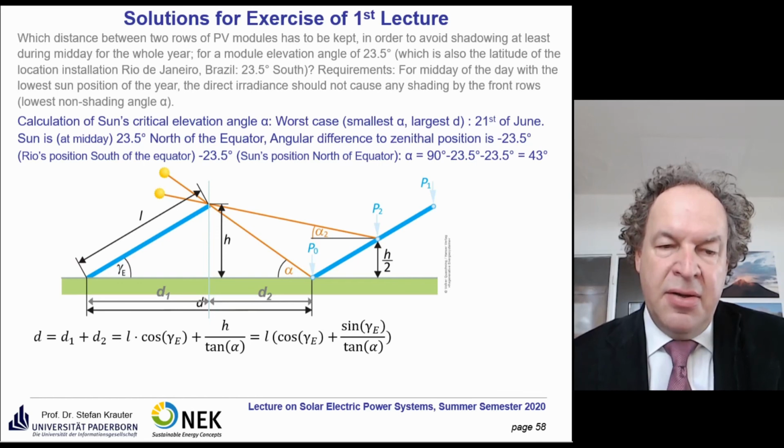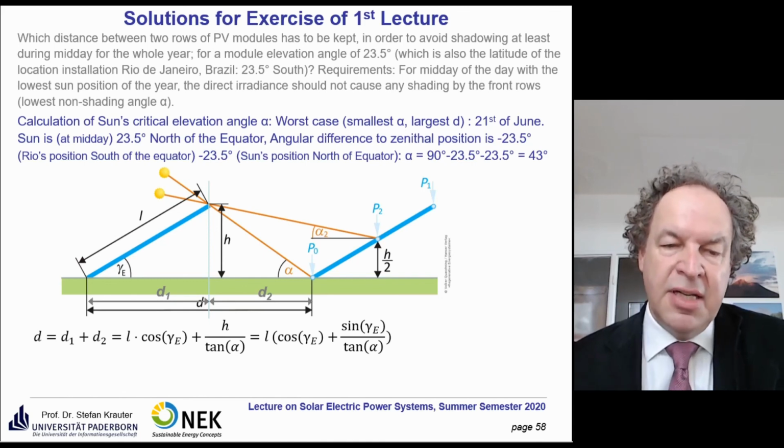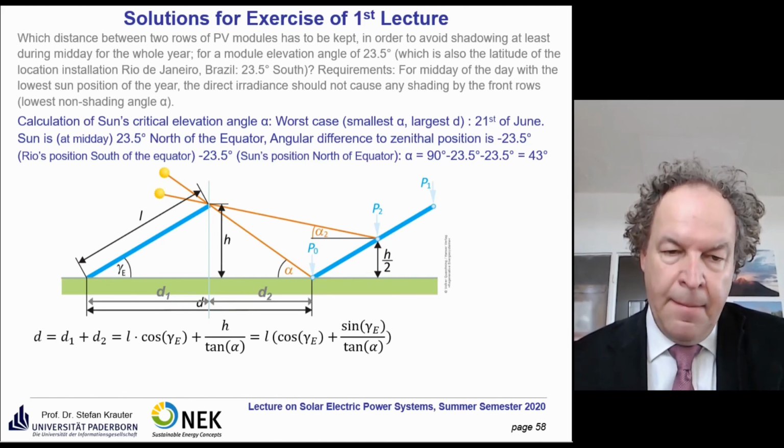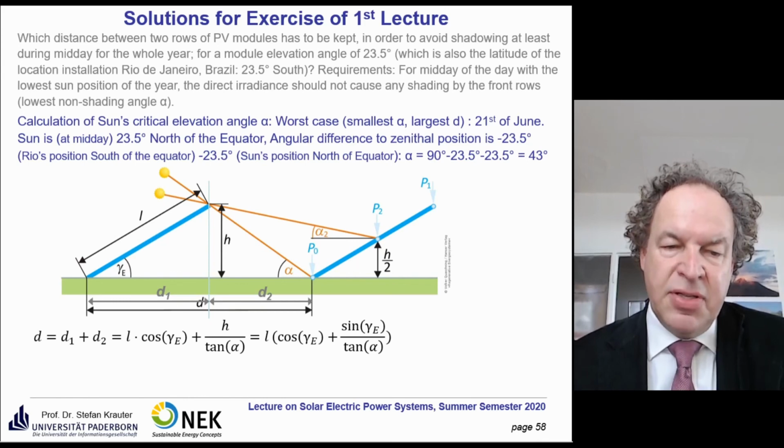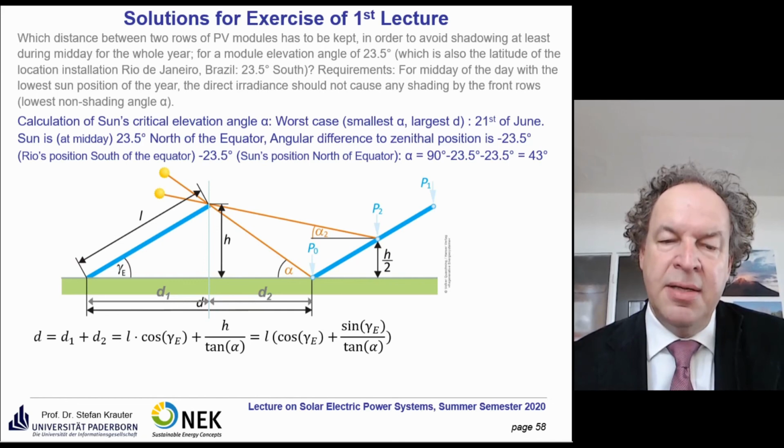And then the height and the tangent of this angle alpha of 43 degrees. We can simplify that. Then we have only L, and because we substitute H, we have just cosine of gamma E plus sine of gamma E divided by tangent of alpha.